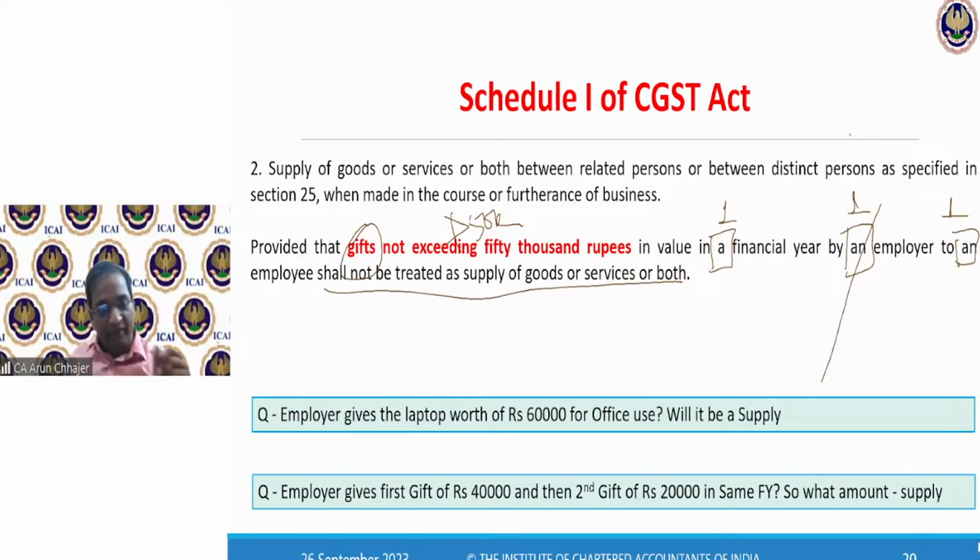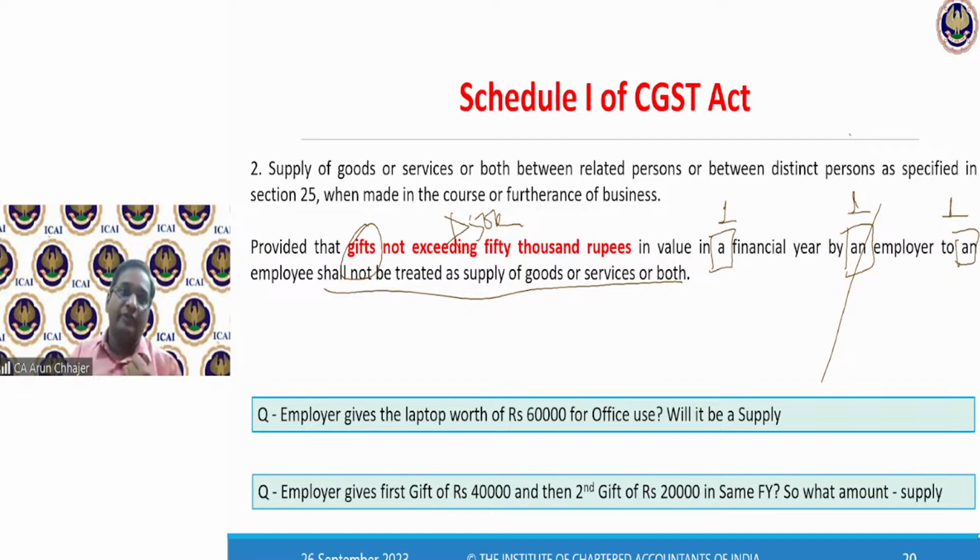The first example we have discussed, 30 plus 30, because it is from two different employers, not taxable. Each employer limit has to be checked. The 50,000 limit is for each employer, not the total gift.